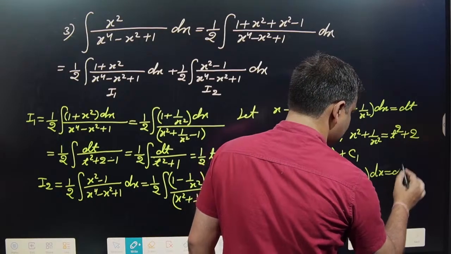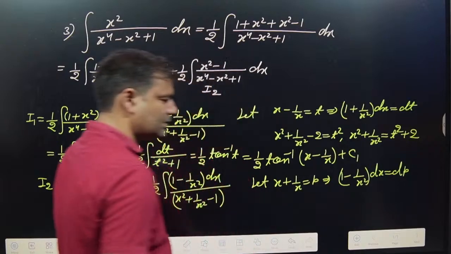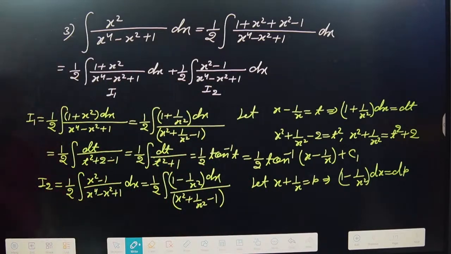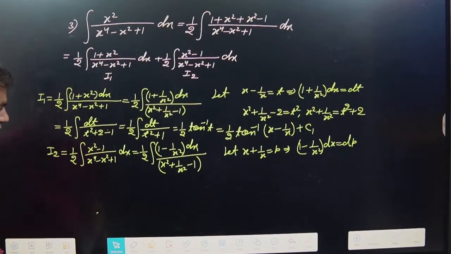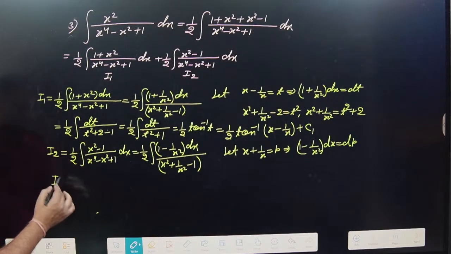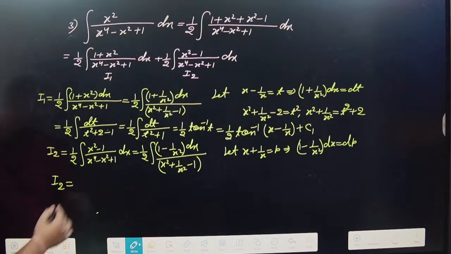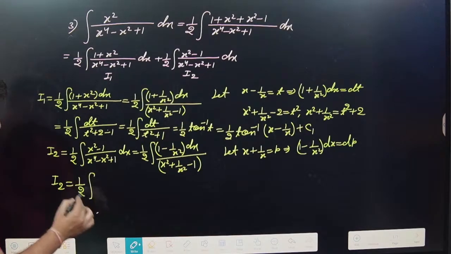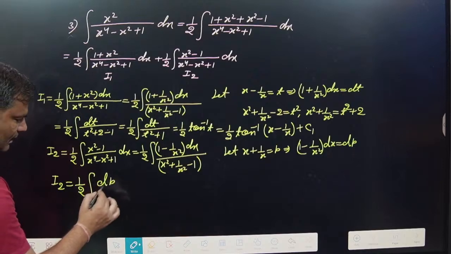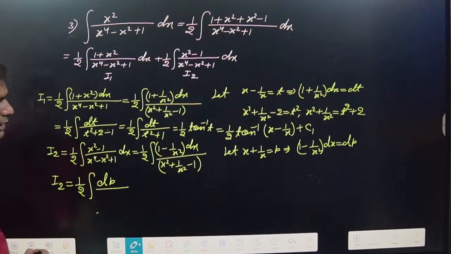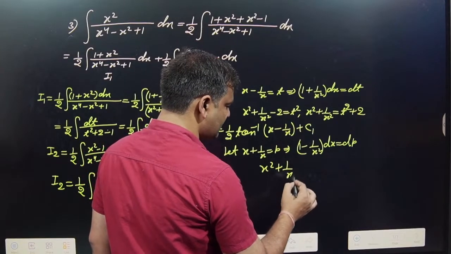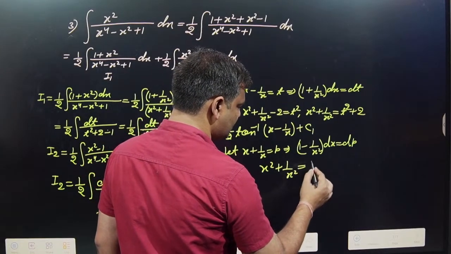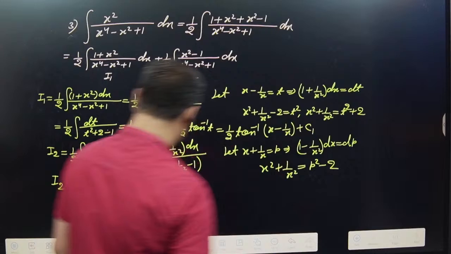dx is equal to dp. Now squaring both sides, then we get x square plus 1 upon x square plus 2, so p square minus 2 basically.